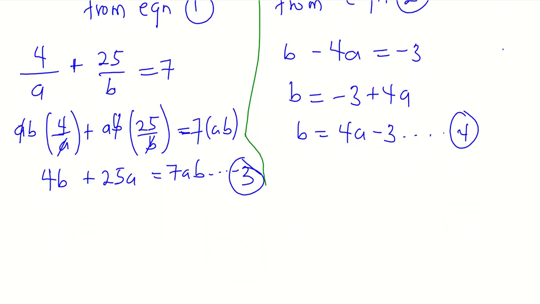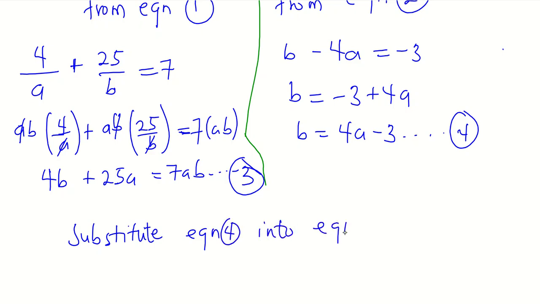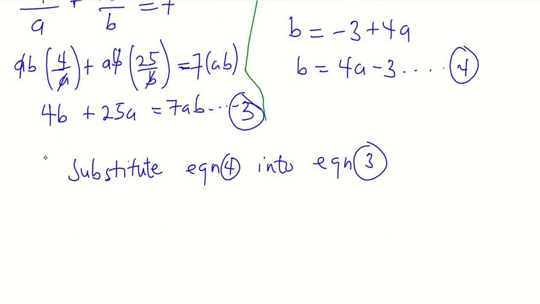Now if that happens, then we can substitute equation 4 into equation 3. If you substitute, then from equation 3 we have 4B plus 25A, which is equal to 7AB.